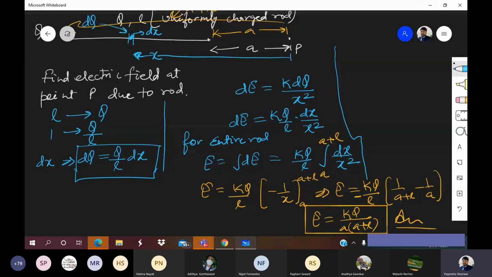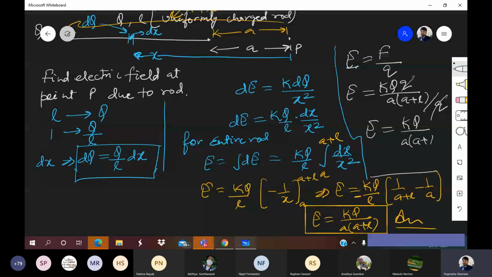So E is equal to F, which was kQQ upon a into a plus L, upon Q. So this Q and Q got cancelled, and E comes out to be kQ upon a into a plus L. Answer.